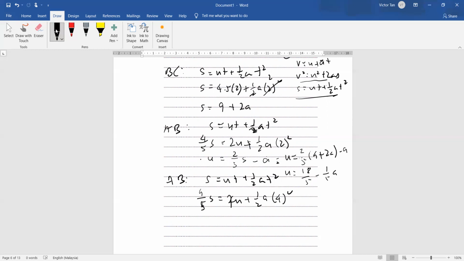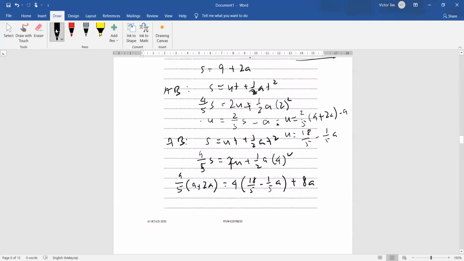So substitute S and U, 9 plus 2A, 4 over 5 A plus 8A.